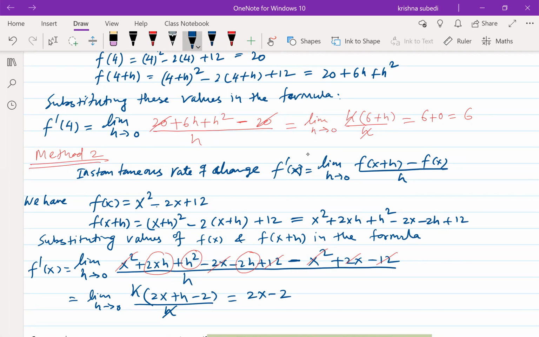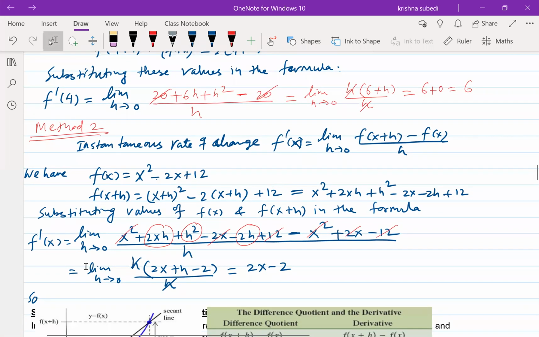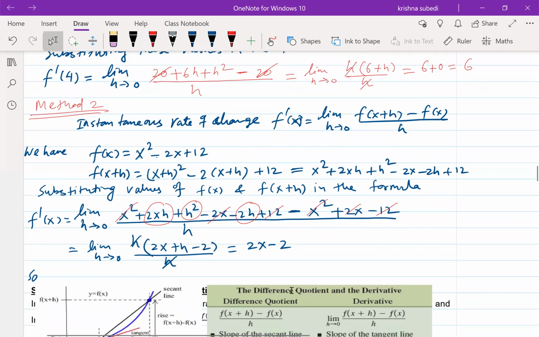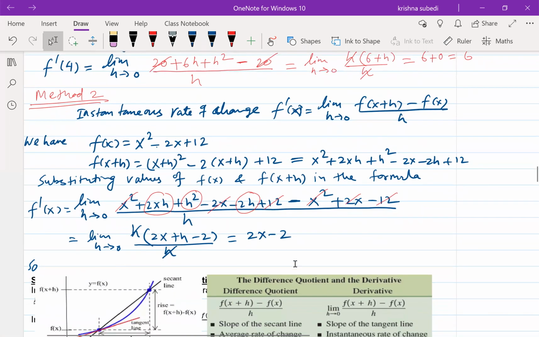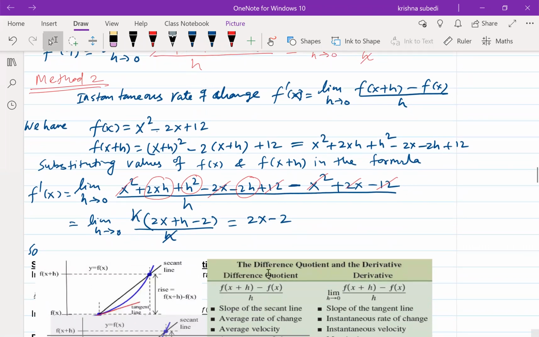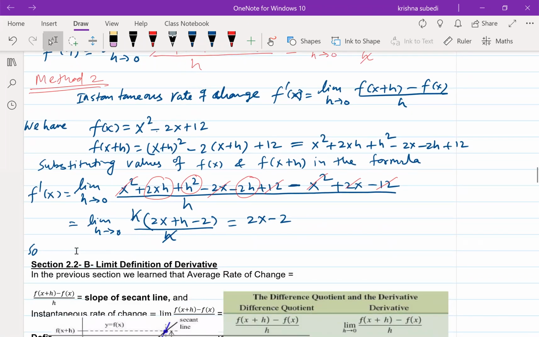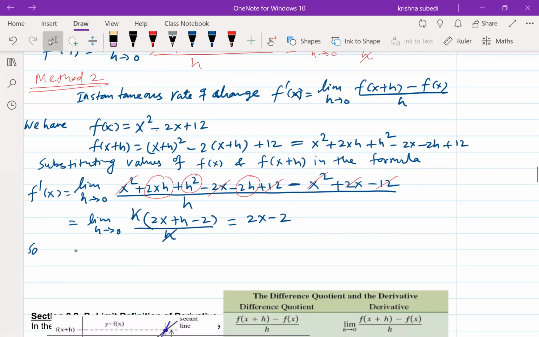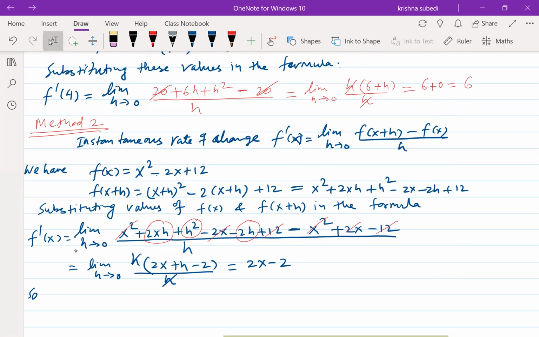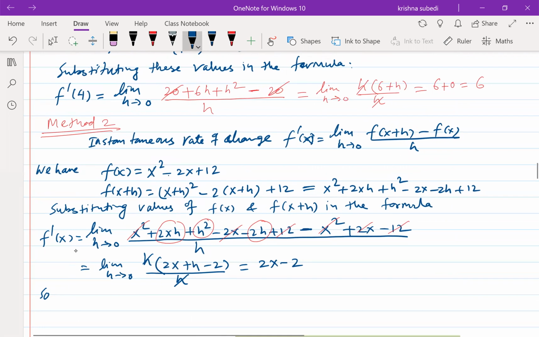Now we need to find the specific value when x is 4. So when x equals 4, our slope of the tangent line, or instantaneous rate of change, at 4 is given by just substituting the value here.